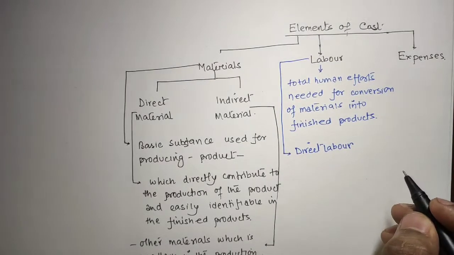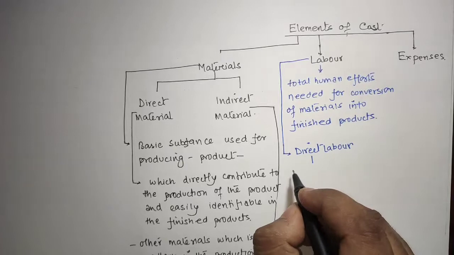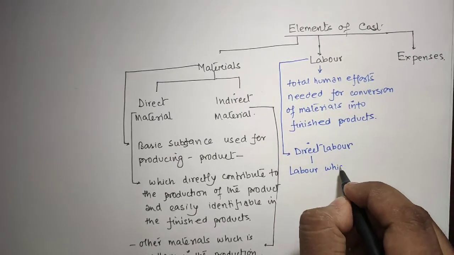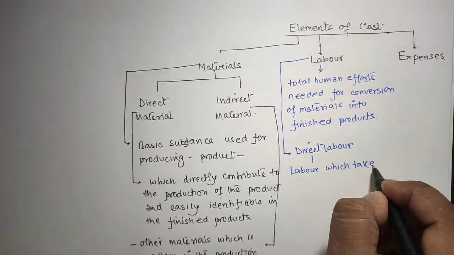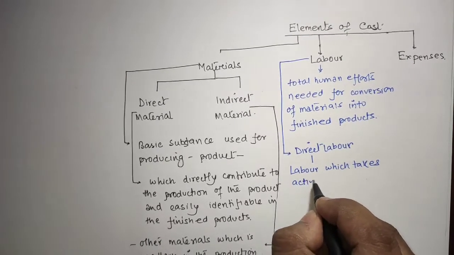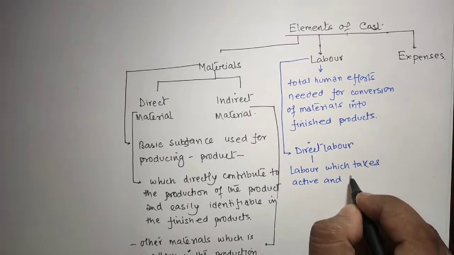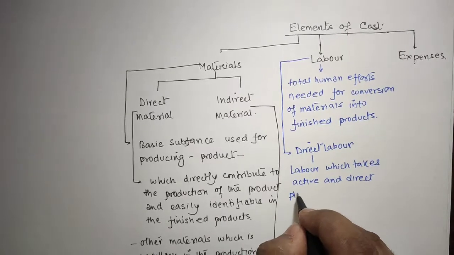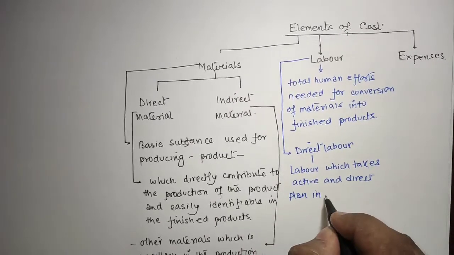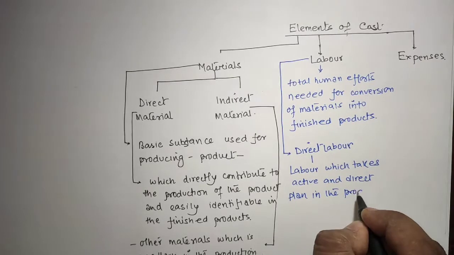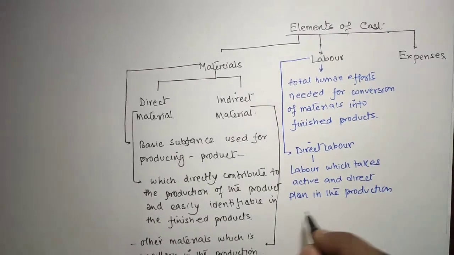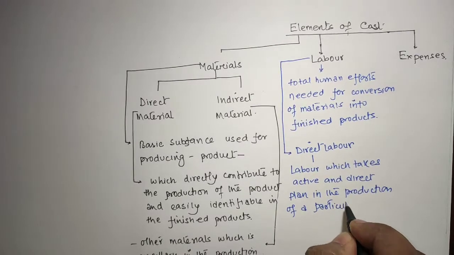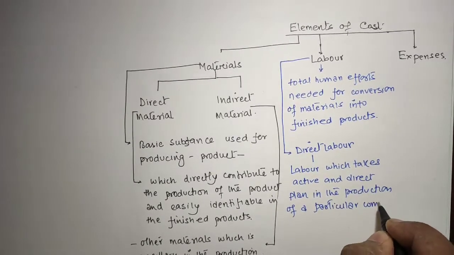Let us explain direct labor. Direct labor is the labor which takes active and direct part in the production of a particular commodity.